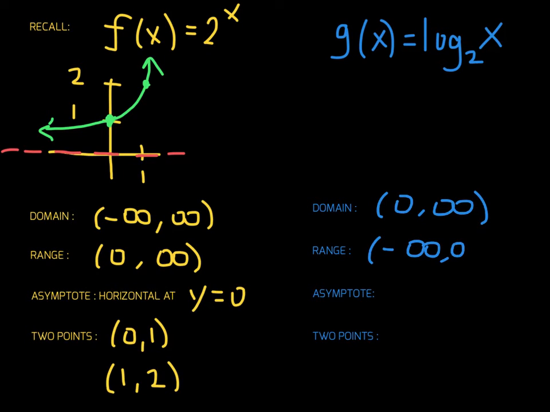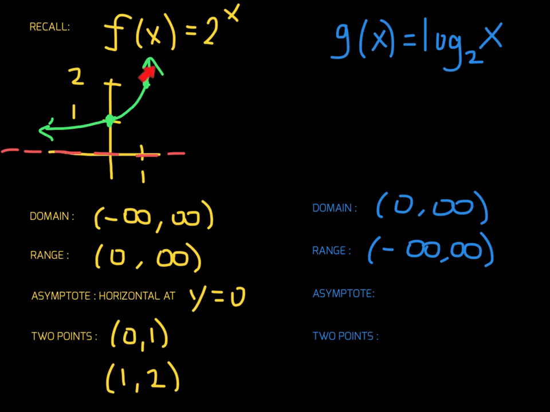Please take close notes here. Notice that the domain for f, when you talk about its inverse function, becomes the range. The range for f becomes the domain of the inverse, all right? Okay, cool. Now watch this.